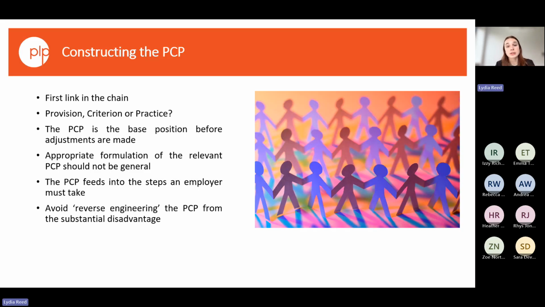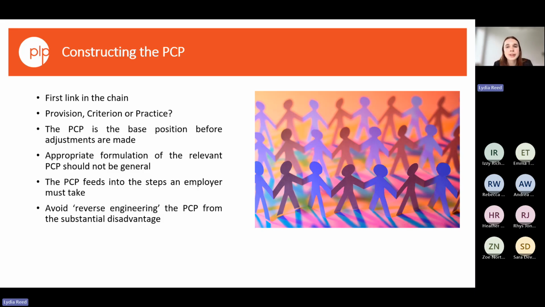Provided that physical features or auxiliary aids are not in dispute, and knowing that PCPs are often the main part of Section 20 for reasonable adjustments claims, it's helpful to look at the PCP in detail. The PCP is the first link in the chain of a Section 20 claim.